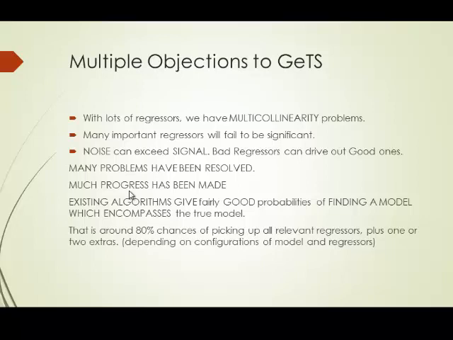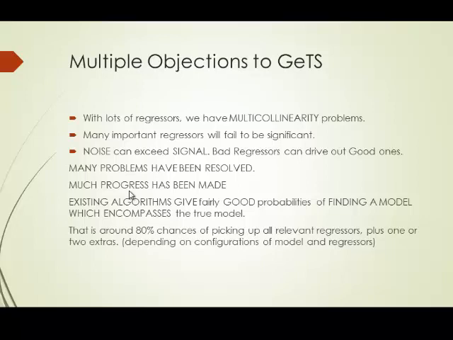Currently it has an 80% chance of picking up the relevant regressors, plus one or two extras. There is now an automatic built-in package in PCGIVE, in which you just feed all the regressors and it runs through this methodology and gives you the final model.